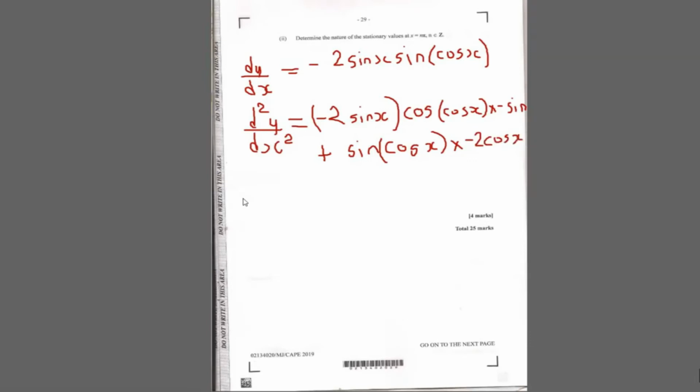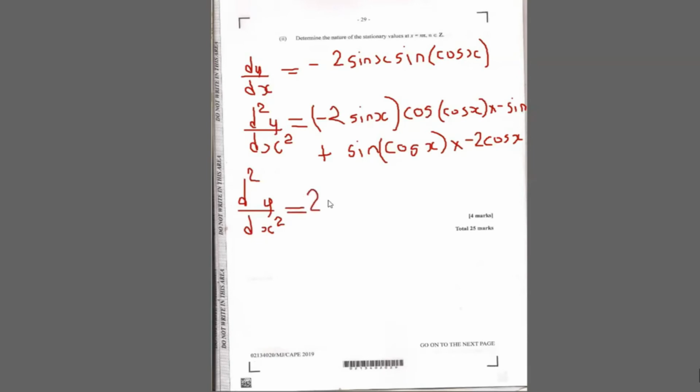Let's pretty it up. So prettying it up now, we're going to get that d2y by dx squared is equal to, minus and minus give us plus, and so sine times sine gives us sine squared.